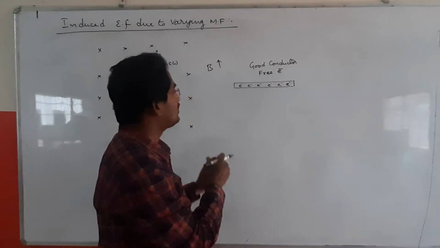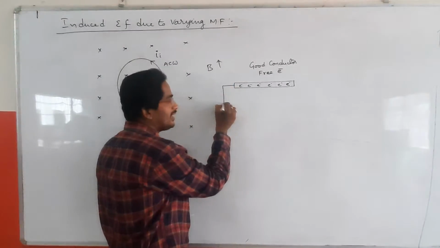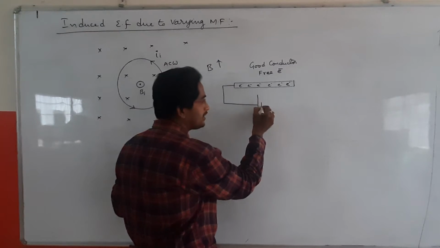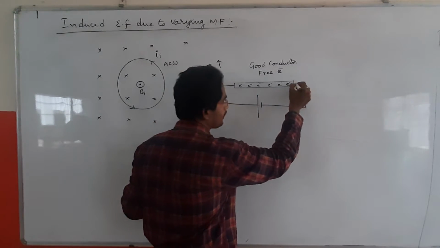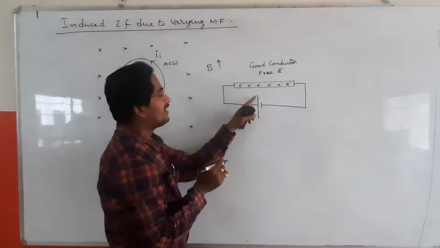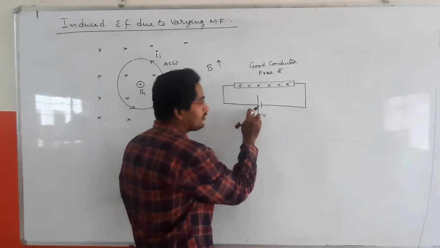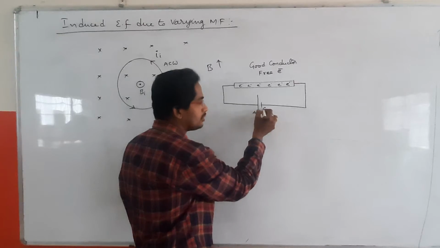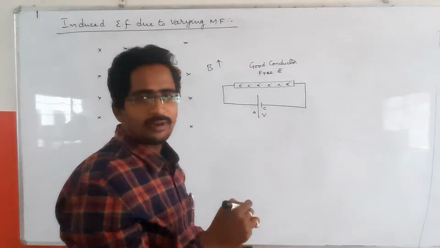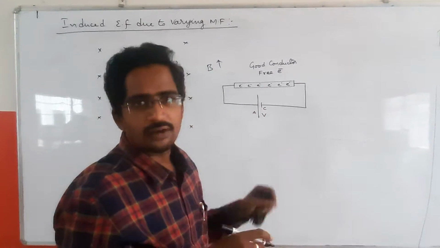So here I am applying potential difference by connecting a battery. For a battery of potential difference V, the potential difference between anode and cathode is V. That is the meaning of that.